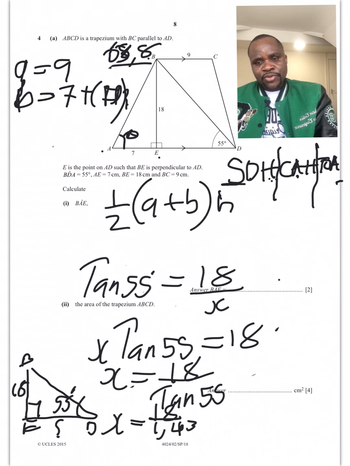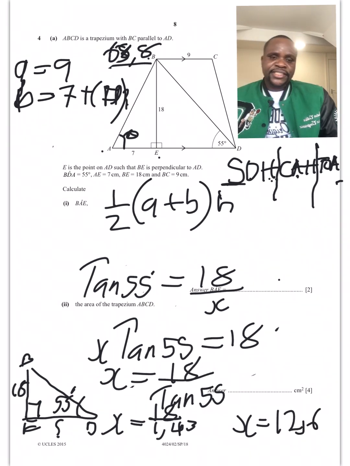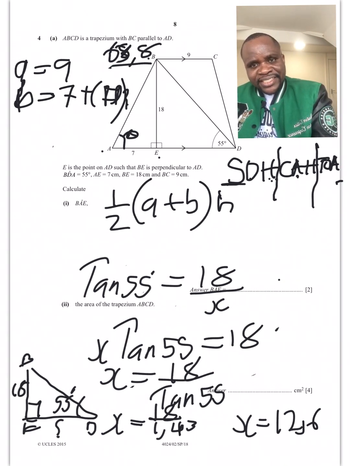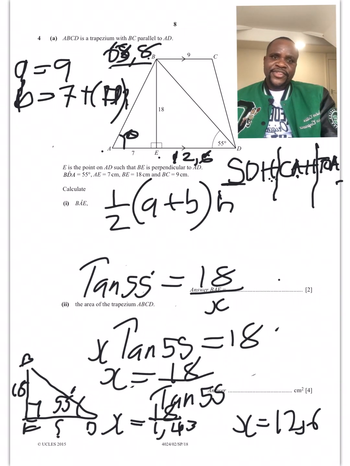Now when you calculate here, go to a calculator, our x will be equal to 12,6. So that is this distance here. It's going to be 12,6.